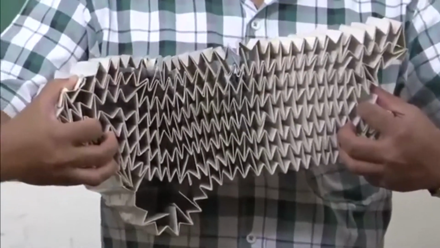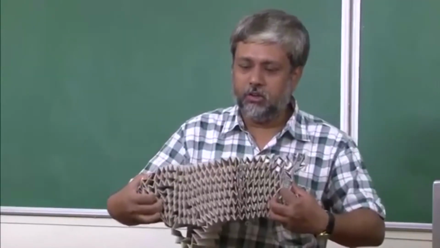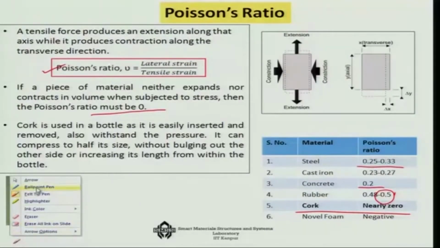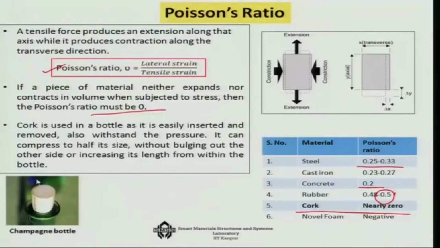That is the beauty of an auxetic structure, a structure which is having a negative Poisson's ratio. So, we have talked about various types of Poisson's ratios, okay, and that definitely is a very important material property consideration when we are selecting a material.